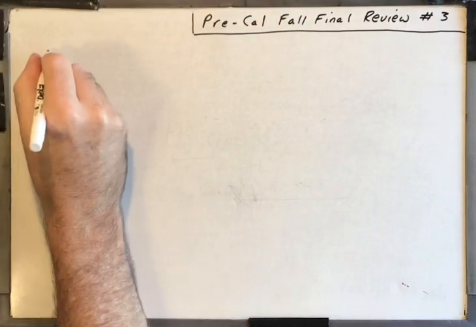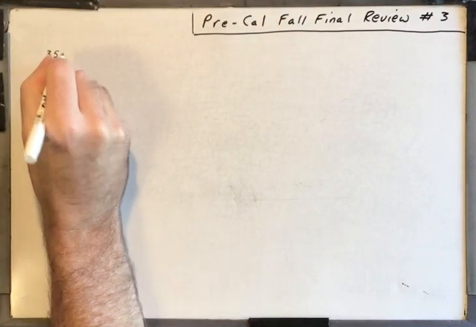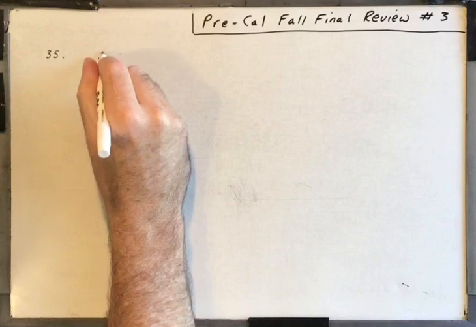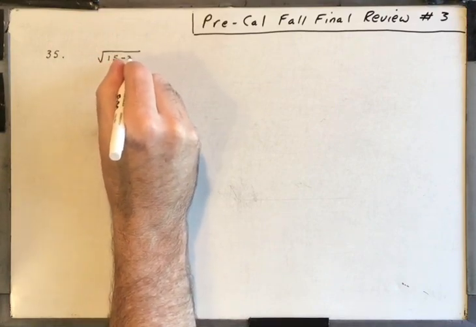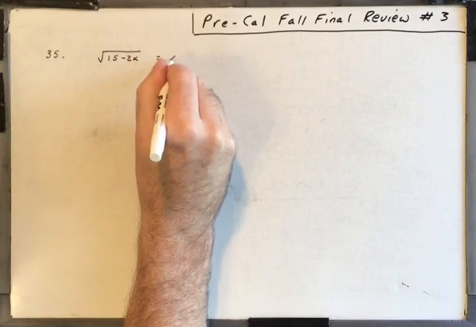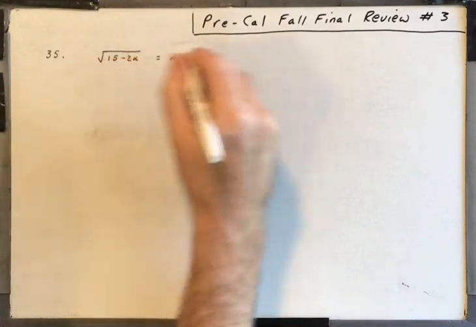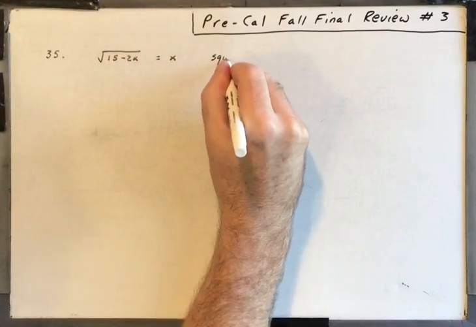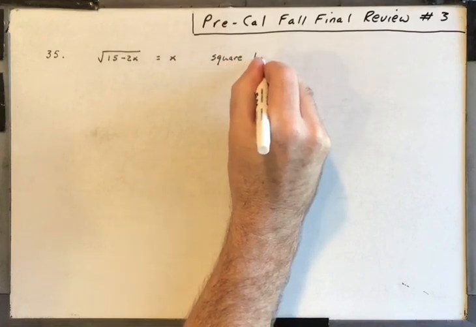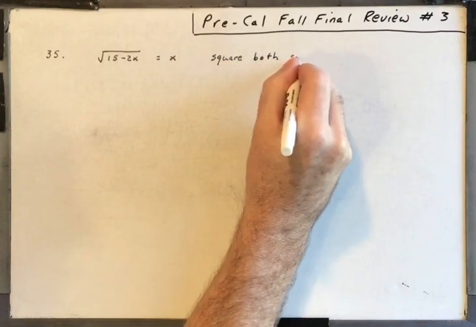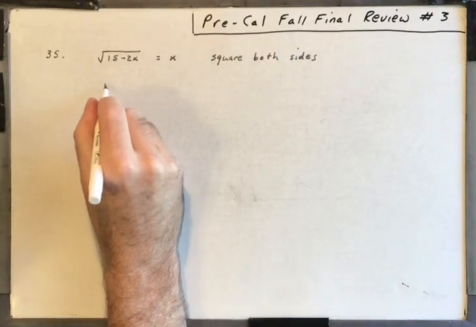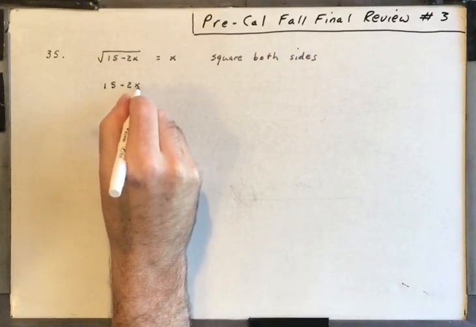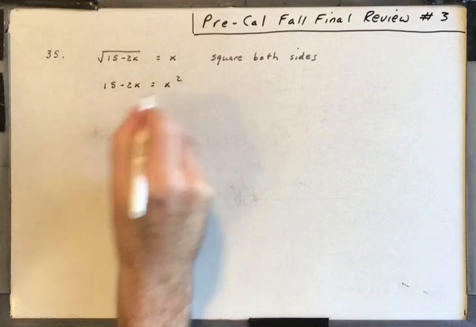Let's look at 35. 35 says solve the following. We have the square root of 15 minus 2x is equal to x. All right, let's lift the radical by squaring both sides. If we square both sides, we lift the radical on the left, and then this is x squared.